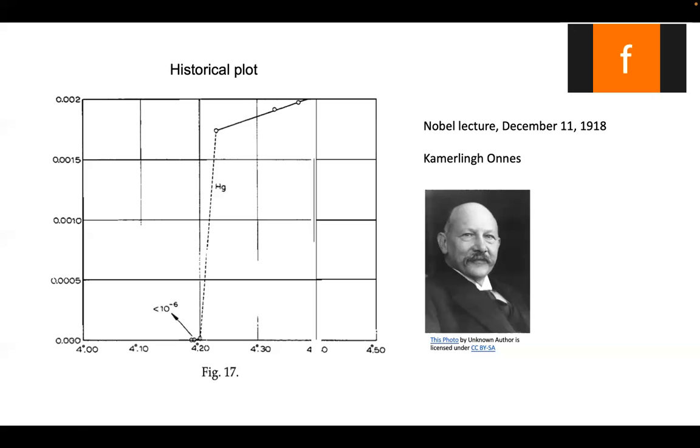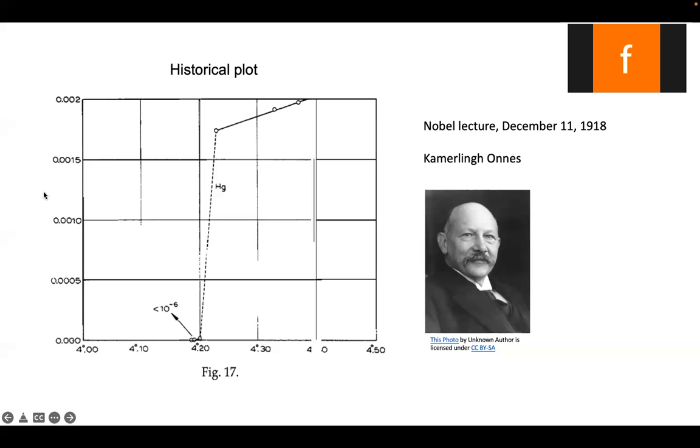At that time, people were mostly studying the behavior of metals as a function of temperature. Kamerlingh Onnes discovered liquid helium in 1908, and then in 1911 he was developing an experiment where he took mercury and submerged it in this liquid helium, and then started to vary the temperature.